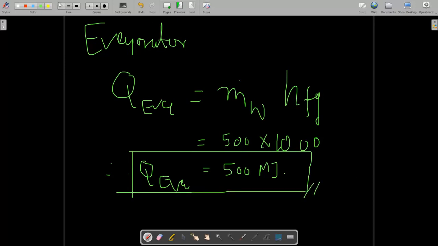Now the remaining section is the superheater. In the superheater, the temperature is changing. So what is the inlet of the superheater? That is the enthalpy Hg, the enthalpy of vapor at saturation temperature.